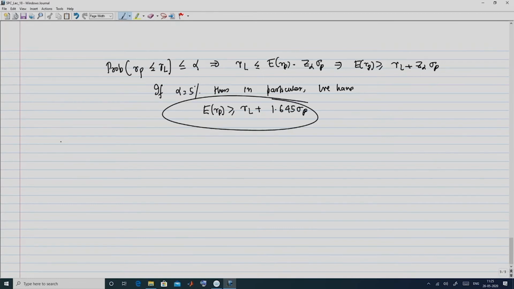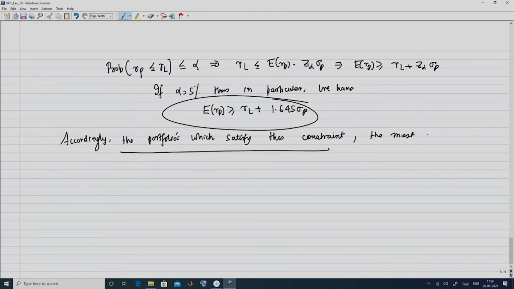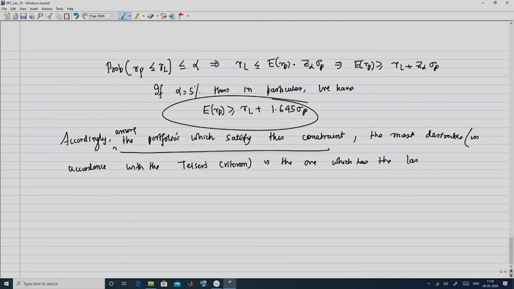So accordingly, once I have this condition, amongst the portfolios which satisfy this constraint, the most desirable, as driven by the Telser's criteria, is the one which has the largest expected return.